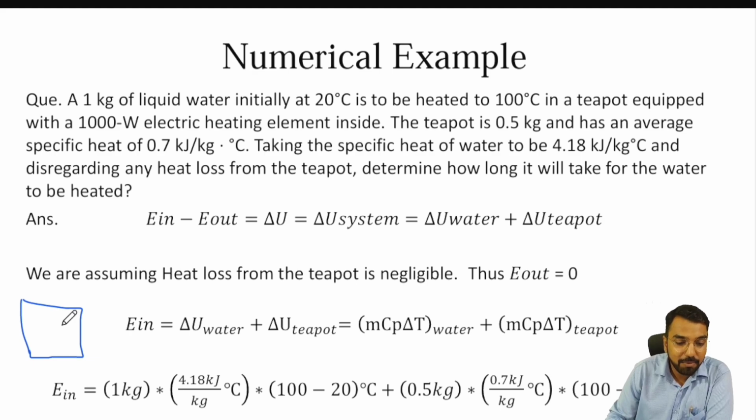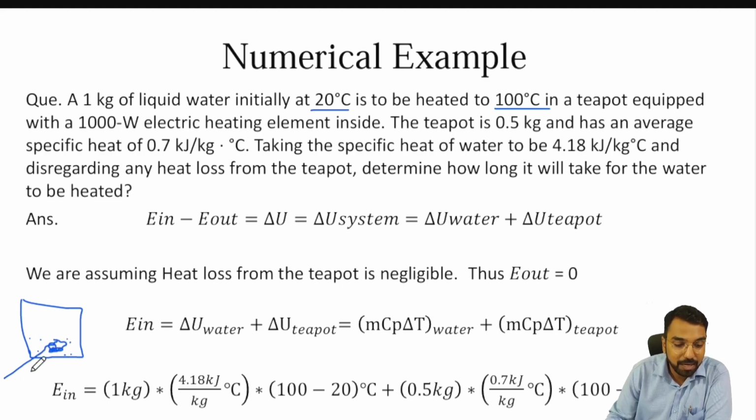This teapot has water, initially at 20 degrees Celsius, and we want this water to be heated to 100 degrees Celsius. For heating this water we use an electrical element. Let's say in your hostel you are using an electrical rod for heating your bath water.